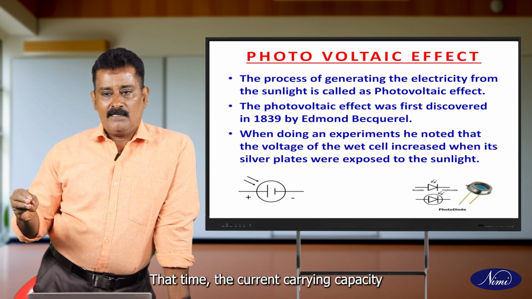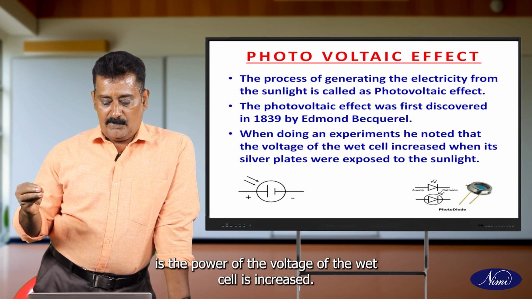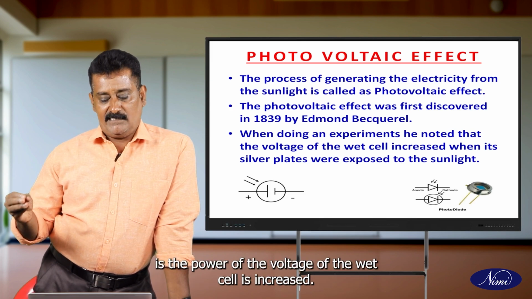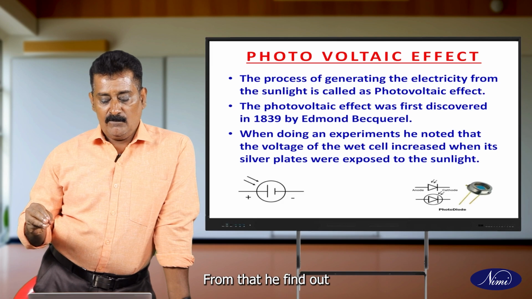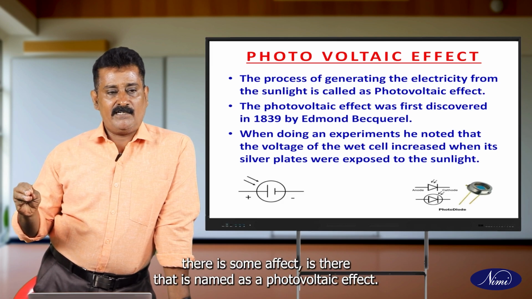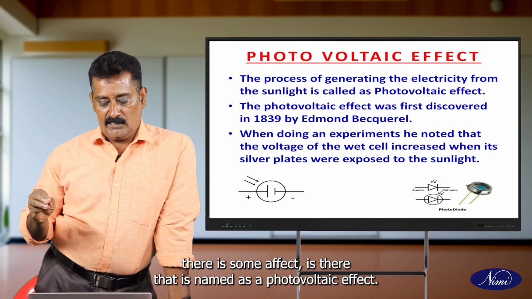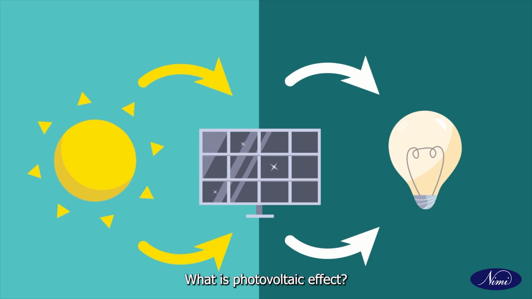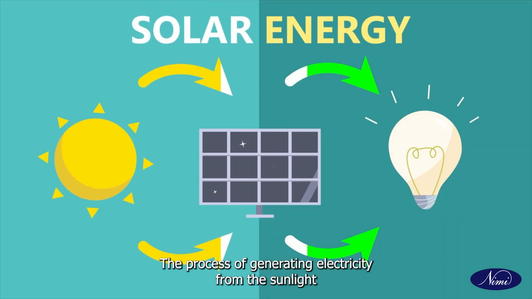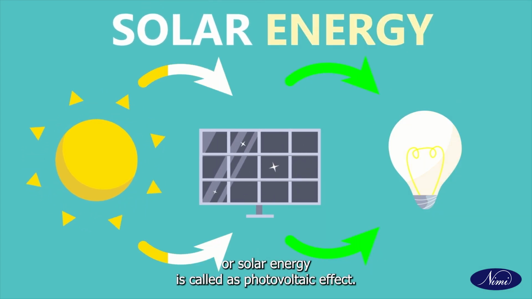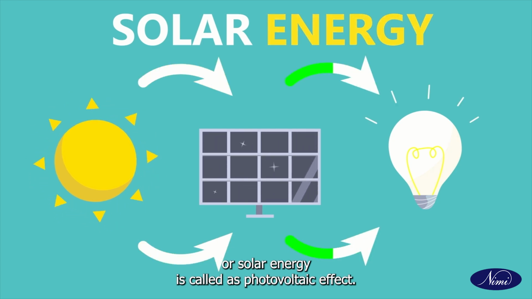At that time, the current carrying capacity and the voltage of the wet cell increased. From that he found there is some effect, which is named the photovoltaic effect. The process of generating electricity from sunlight or solar energy is called the photovoltaic effect.